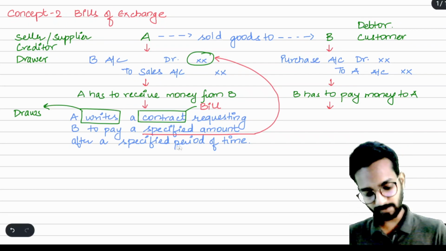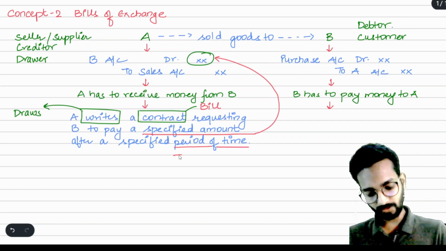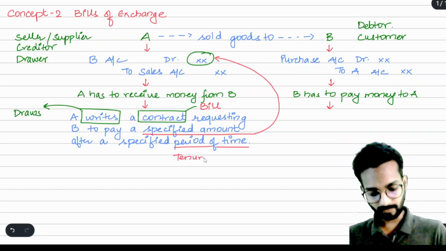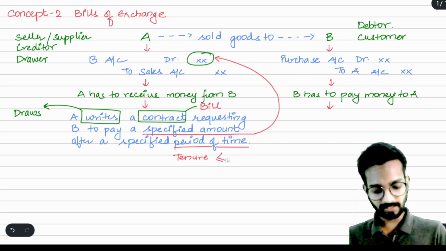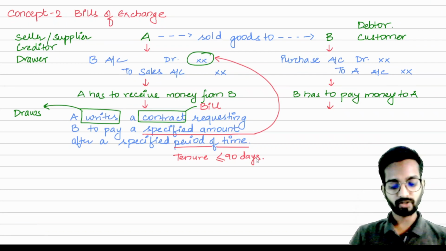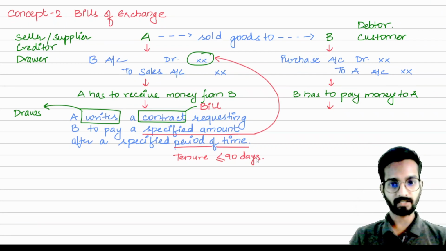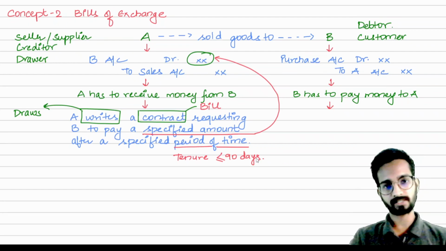The specified period of time is the tenure, which must be less than or equal to 90 days. It is the limitation of a bill that you cannot issue a bill for more than 90 days.